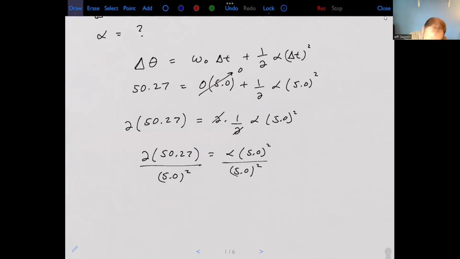If we work this out, it's around 4, and I want maybe 2 sig figs, so 4.0 radians per second squared. That would be my angular acceleration, 4.0 radians per second squared.